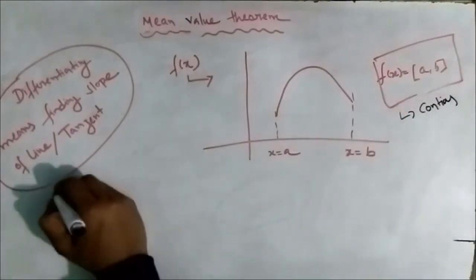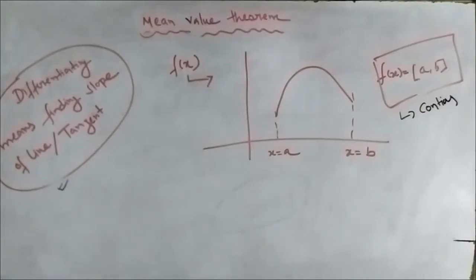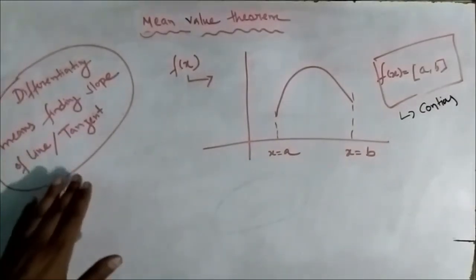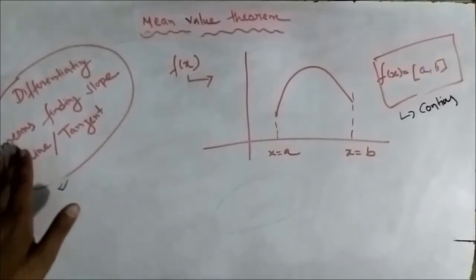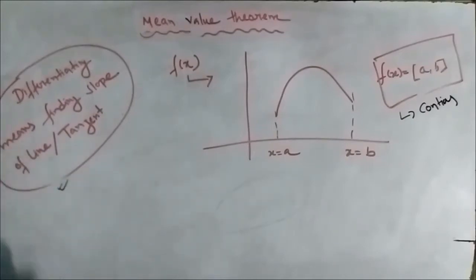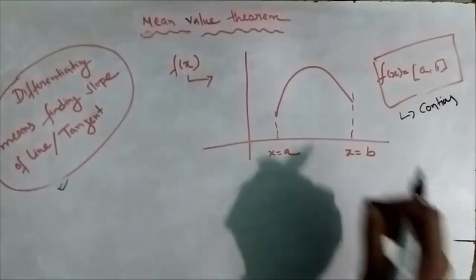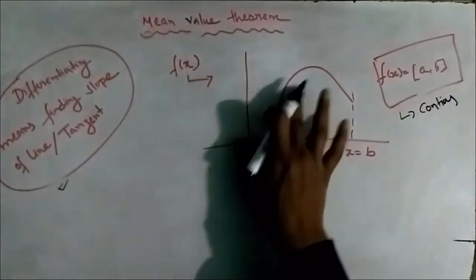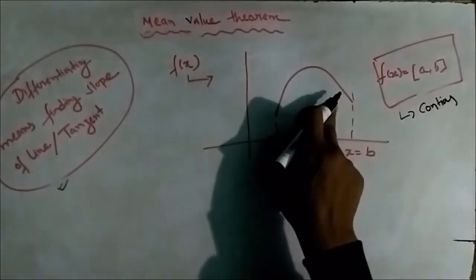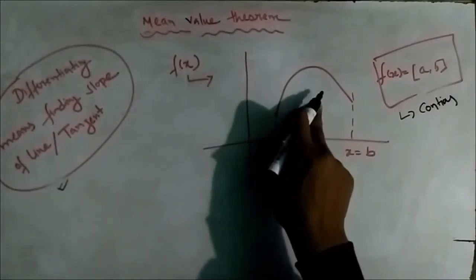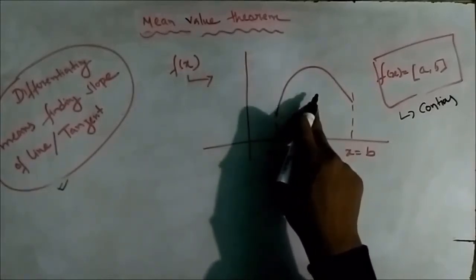Now let us learn this concept. We have seen that differentiating means finding the slope of a line. You may use this as a definition of differentiation. If we draw the tangent for this curve, then we can say that this curve is differentiable in nature.